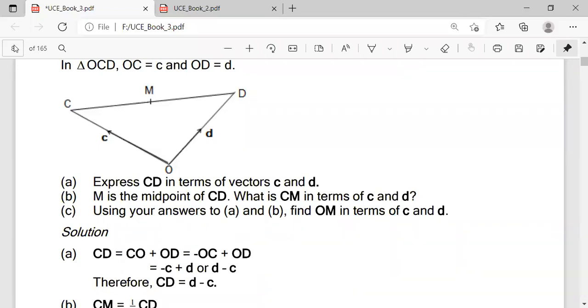So in that diagram we have drawn, go ahead and draw a line OM, and put an arrow facing M, because they have said O to M. So they are telling us to find OM in terms of C and B.